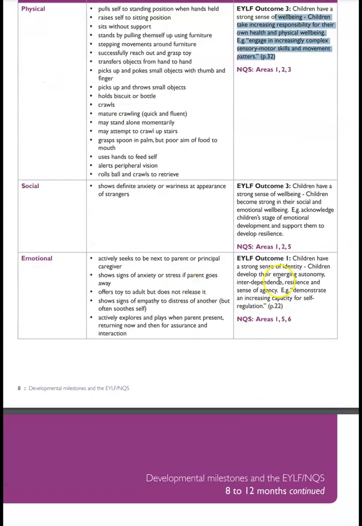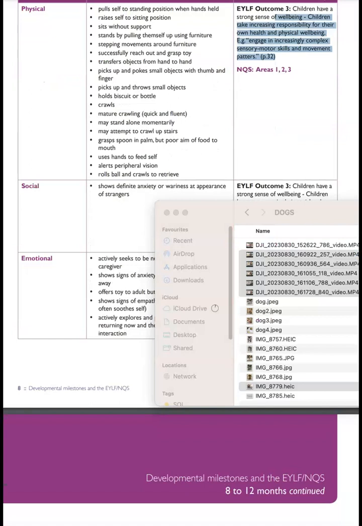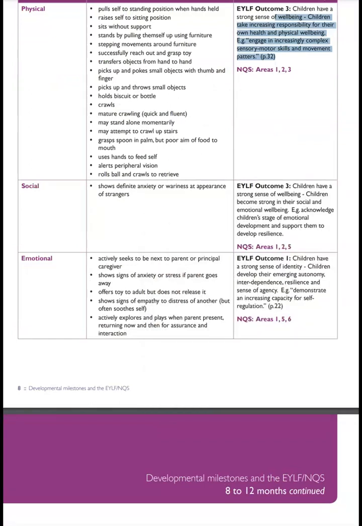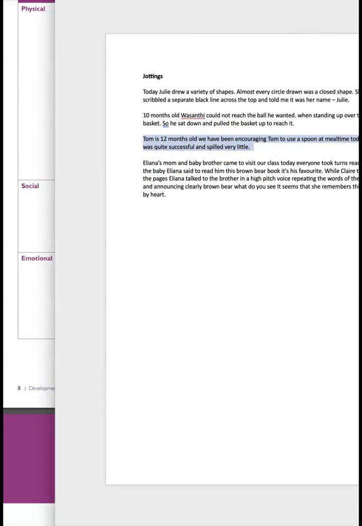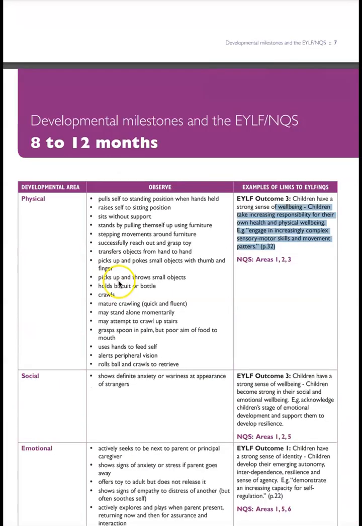Now let's have a look at another observation that is done by me as well. Here we have Tom, who is 12 months, for the same age group. We have been encouraging Tom to use a spoon at mealtime today, and he was quite successful and spilled very little. So what do you think about this age group?